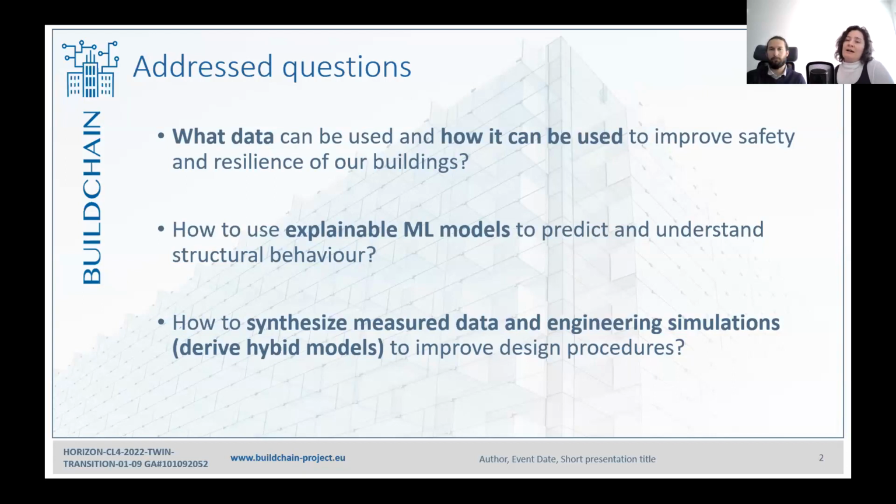So combining our simulation models that you have seen in these presentations. So this last section will be about how to combine data with, for example, a finite element model.